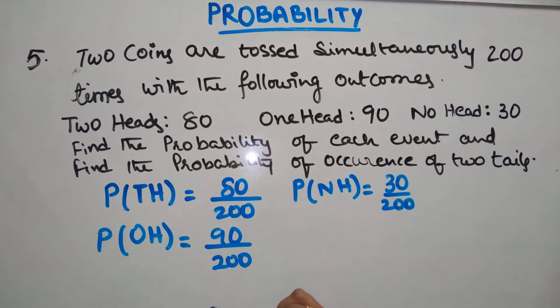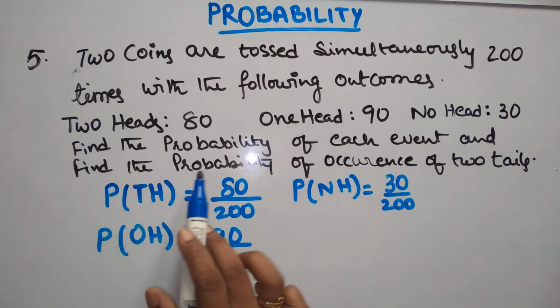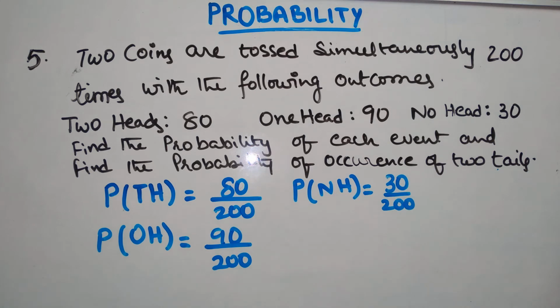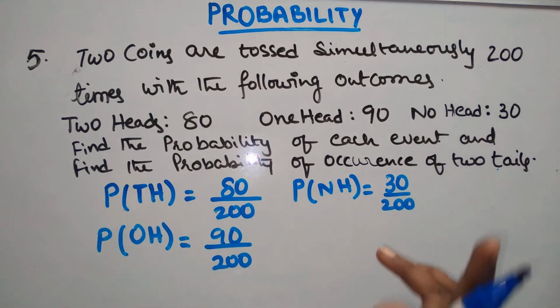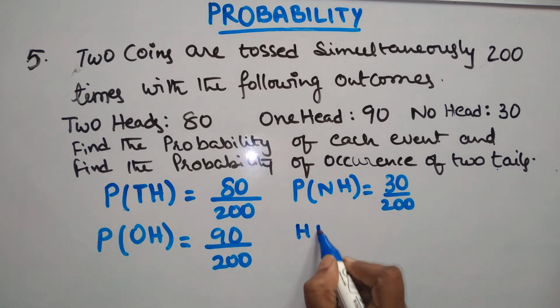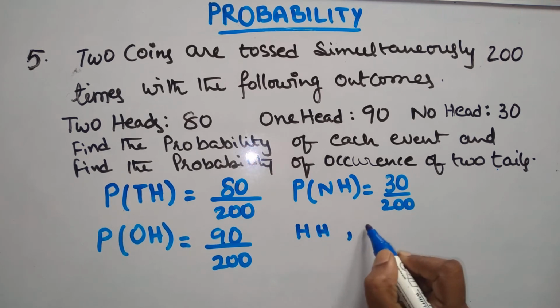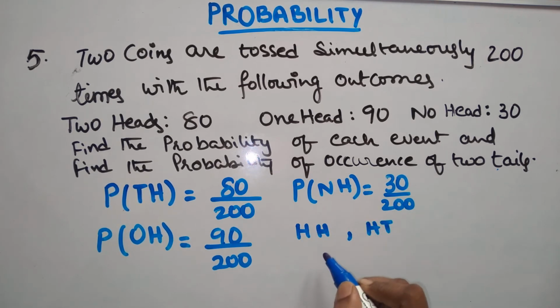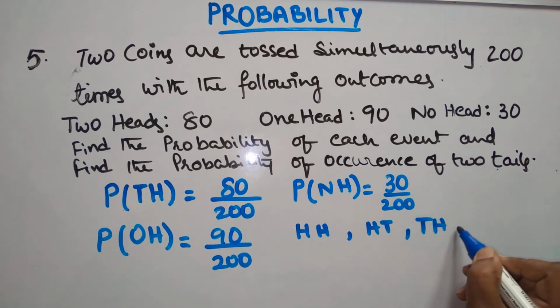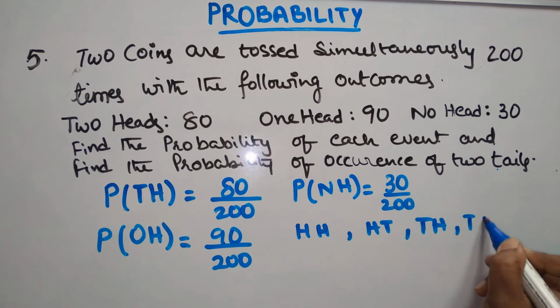And now we need to find the second part. Find the probability of occurrence of 2 tails. So when you toss 2 coins, what are the possible outcomes? Either you will get head head, or head tail, or tail head, or tail tail.